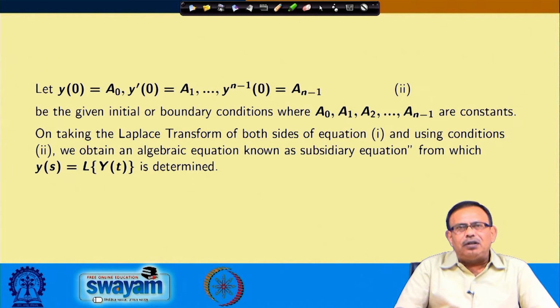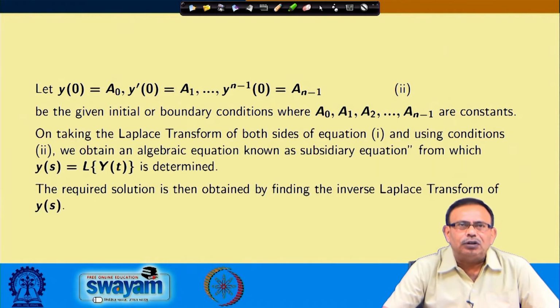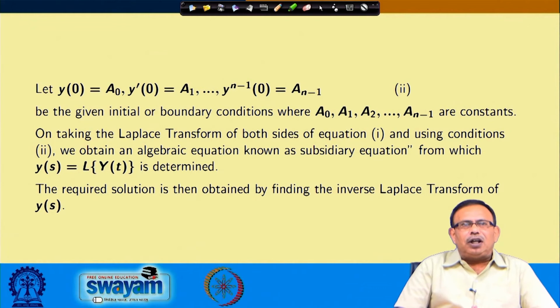And once I am getting this, the required solution is obtained by finding the inverse Laplace transform of Y(s).